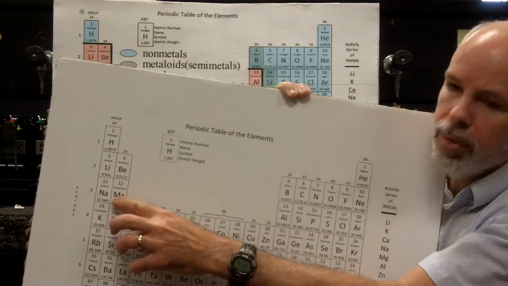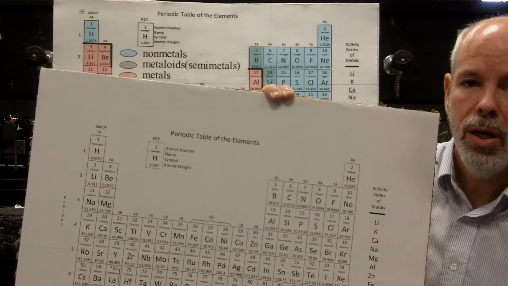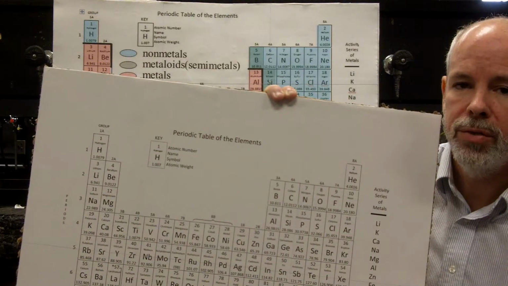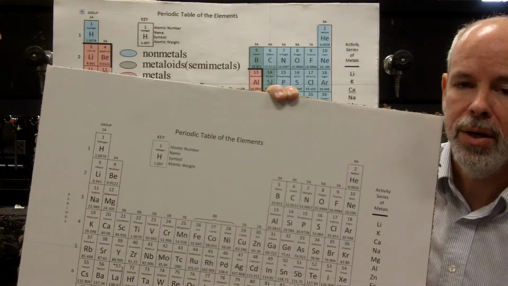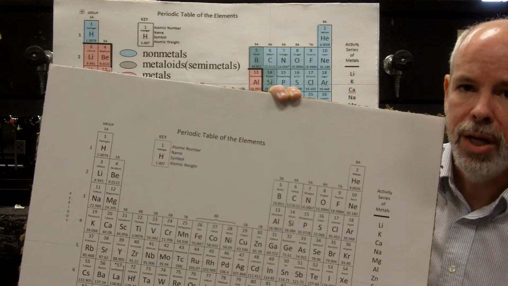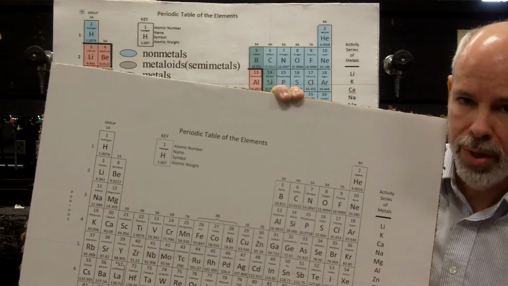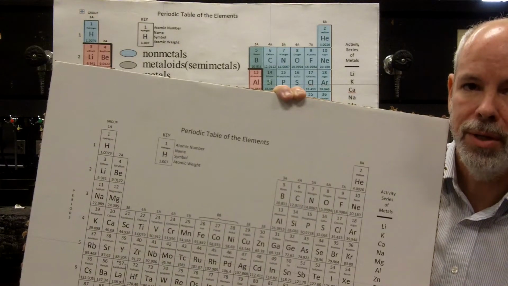For example, sodium over here has the symbol Na. Well, Na is an abbreviation, but it's for natrium, the old Latin name for that element. The modern English name was adopted, yet the old symbol for the Latin name is what was kept as the symbol.